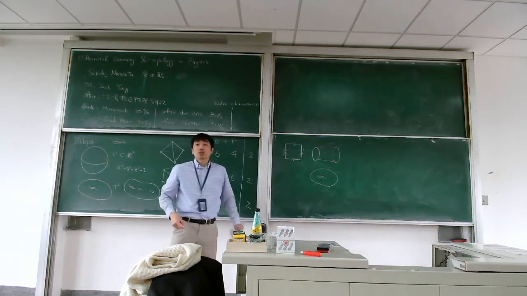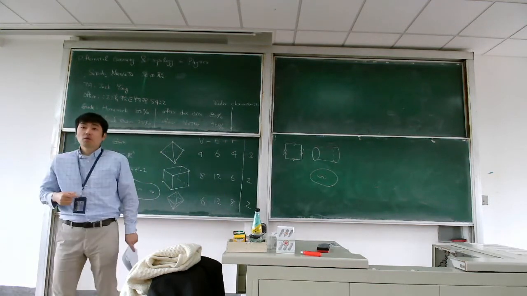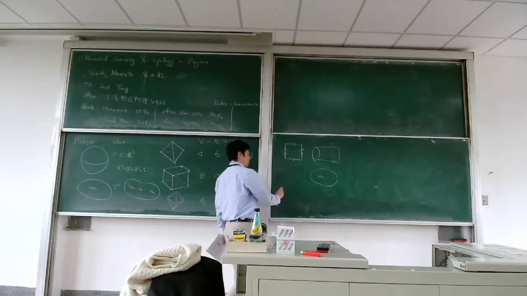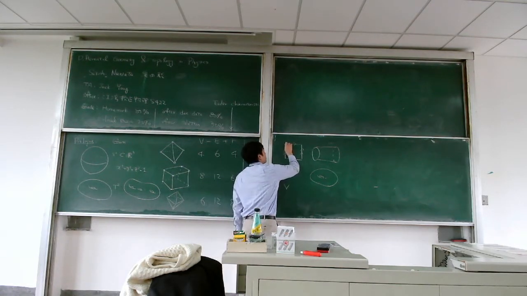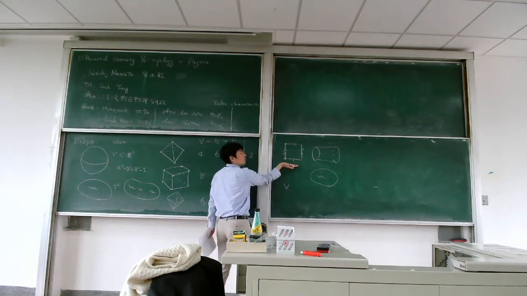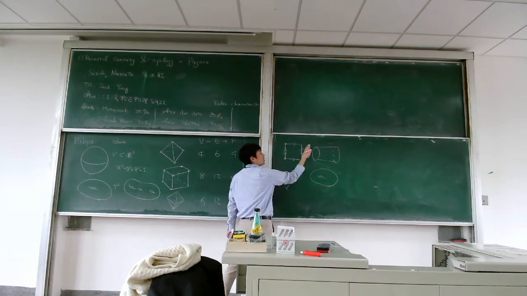What's V? 1. Good. So this point is identified with this point, because you identify top and bottom, and this edge is identified with this edge.